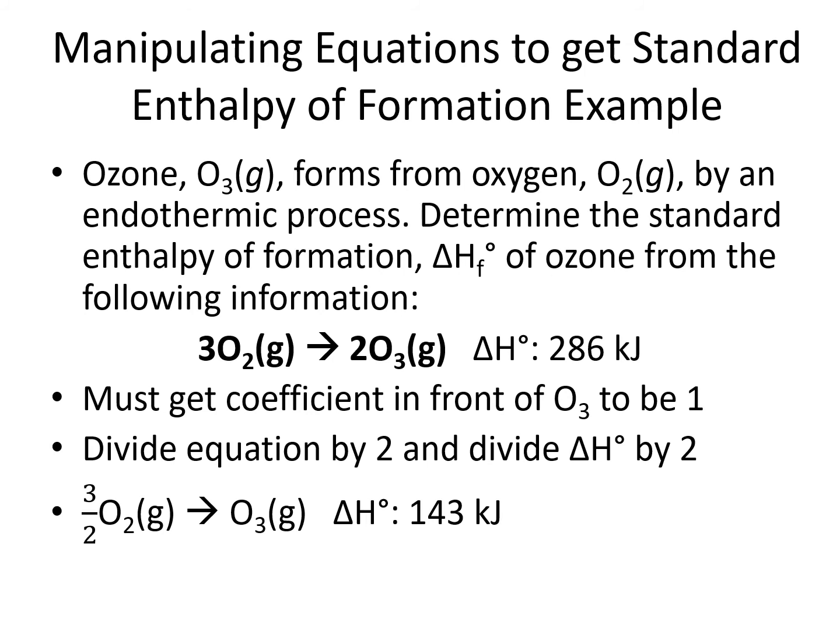So we've gotten our equation into the proper form, where we have a single product on the right-hand side with a coefficient of 1, and then on the left-hand side we have an element, in this case oxygen, in its elemental form, the way we find it in nature. And so the delta H for that reaction was measured to be 143 kilojoules, and that would be the enthalpy of formation of ozone.